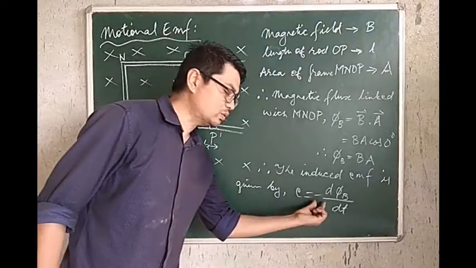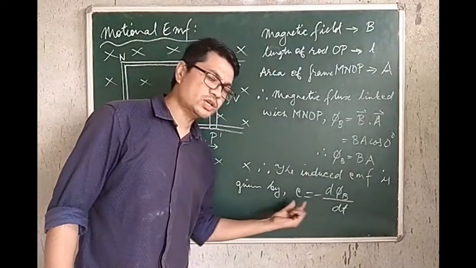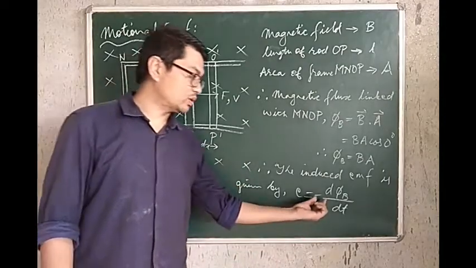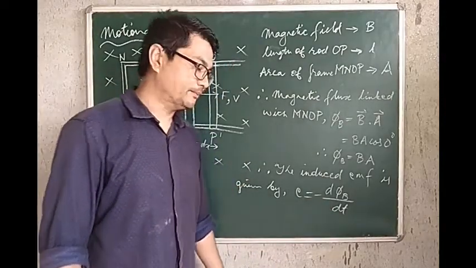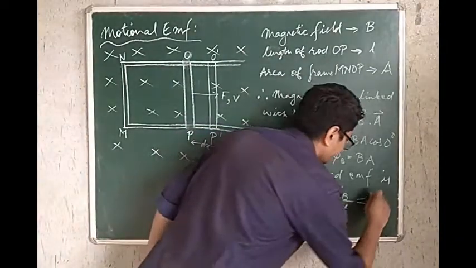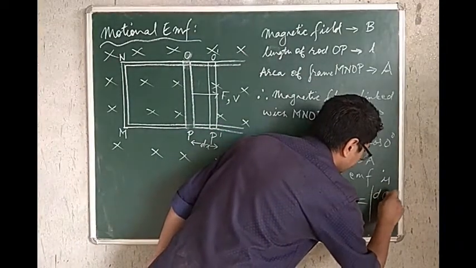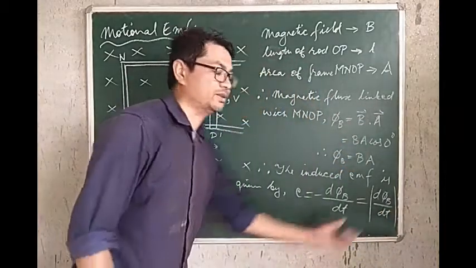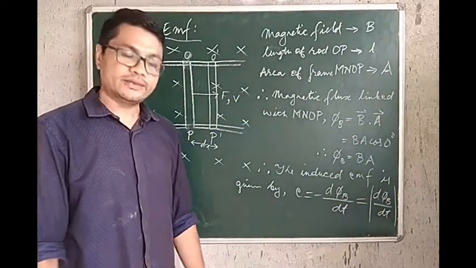Now the minus sign only tells us that the direction of the EMF induced is opposite to the cause producing it, or it wants to oppose the cause producing it. So this can be written as modulus of d phi B by dt, because right now we are only interested in the magnitude of the EMF.